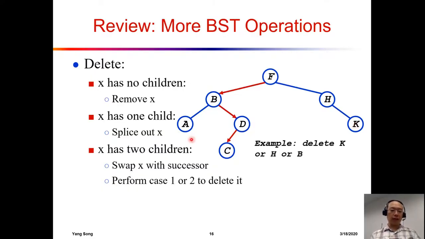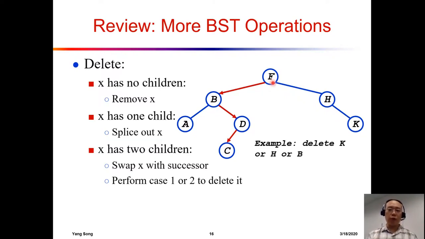The second case: if X has one child, for example H. If we want to delete H, then we consider the direct child, which is also the only child, K. After H is thrown away, we want to attach K directly to F as F's right child.